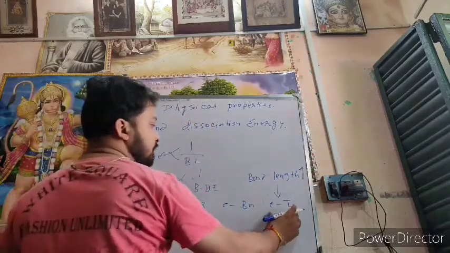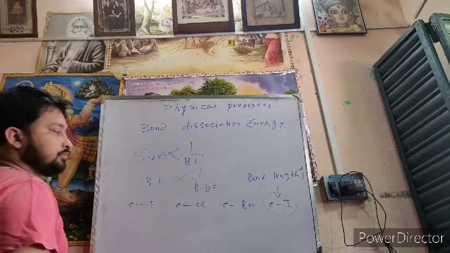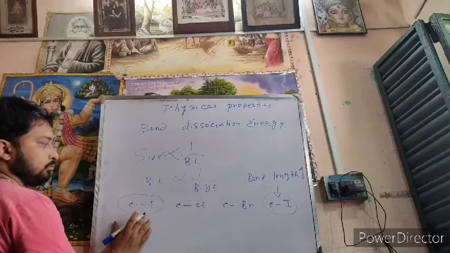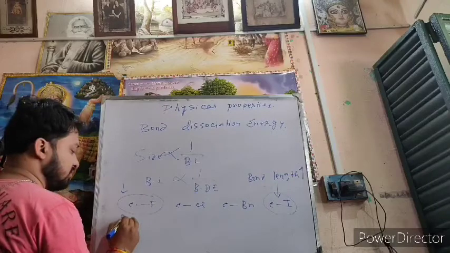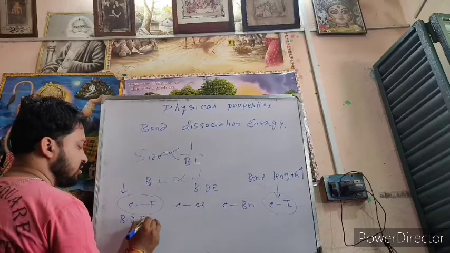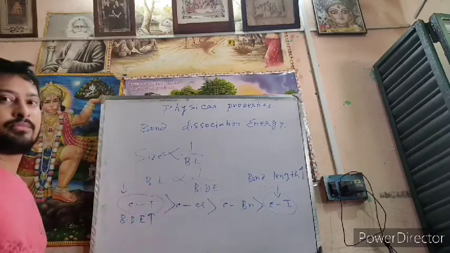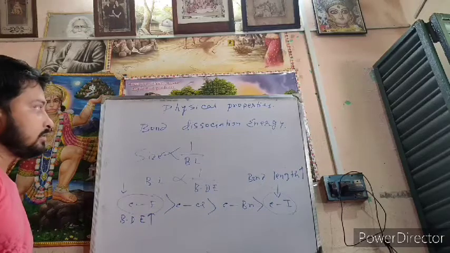If the bond length of this compound is high, that means bond dissociation energy is low. So the bond length of this compound is very low. Therefore, bond dissociation energy is very high. So the arrangement is this. Easily we can see. Okay, this is a vital point.